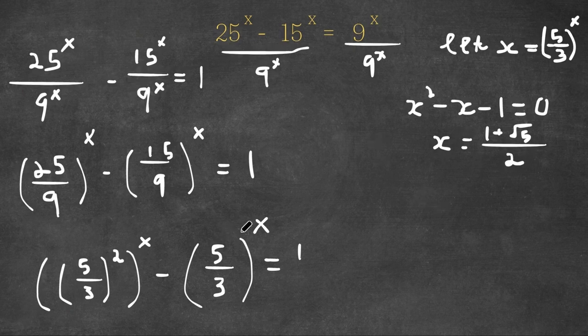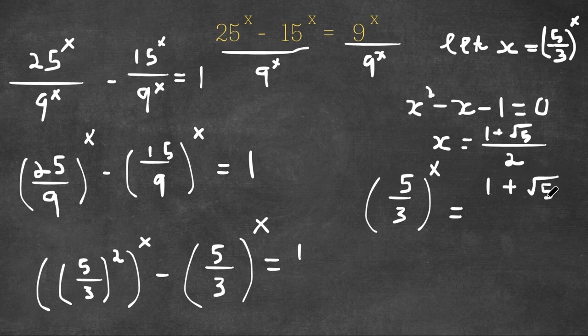So now if we plug this in, we get 5 over 3 to the power of x is equal to 1 plus the square root of 5 over 2.